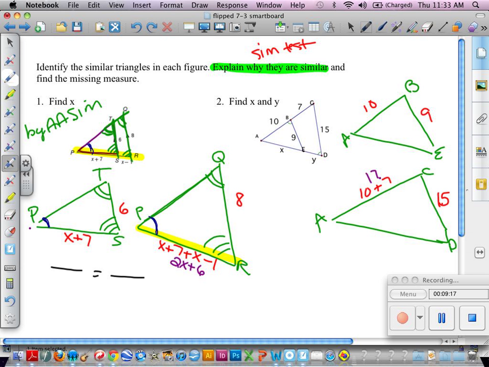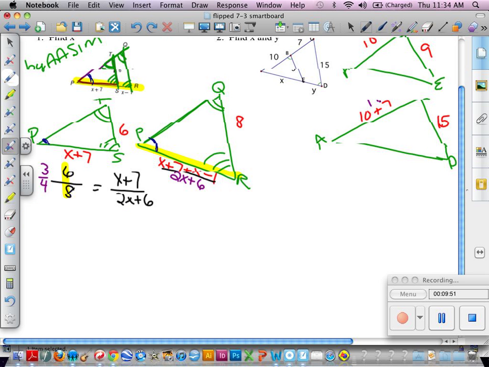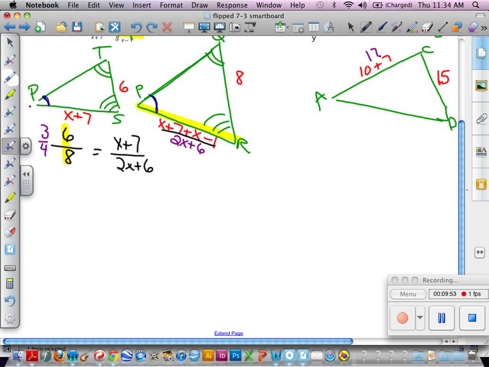Now I need to write my proportion. Take your corresponding sides. 6 corresponds with 8. Then cross from the 6, from the same triangle, is x plus 7. And notice I combined my like terms here. I already wrote 2x plus 6. To make life easier, guys, I've talked about this once already. Reduce those ratios if you can, and then you don't need your calculator. 6/8 is 3/4.